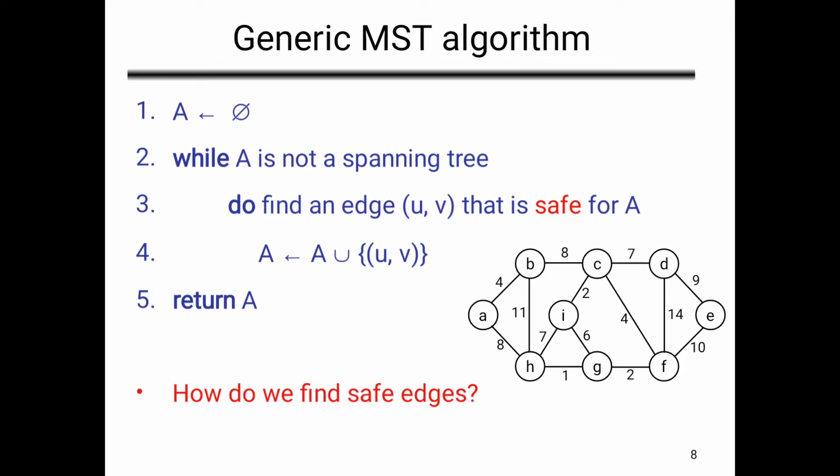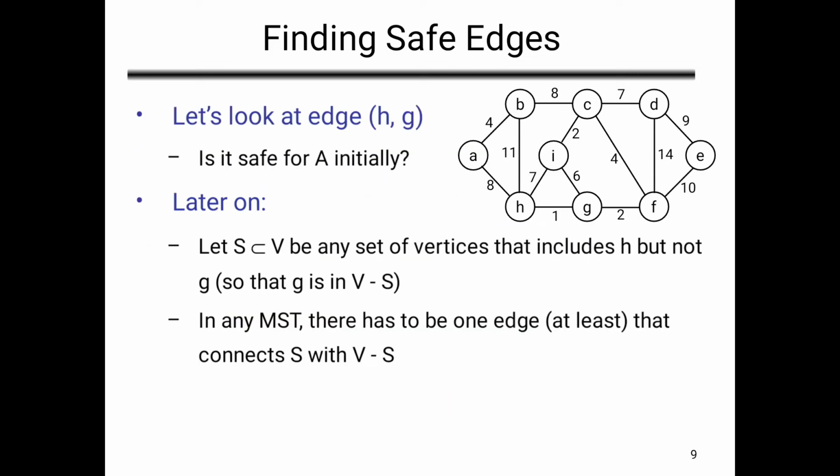Then how can we find the safe edge? Look at the edge H comma G. It is safe for A initially, and later on S is any set of vertices that includes H but not G, so that G is in V minus S. In any MST, there has to be at least one edge that connects S with V minus S. And this is the diagram.